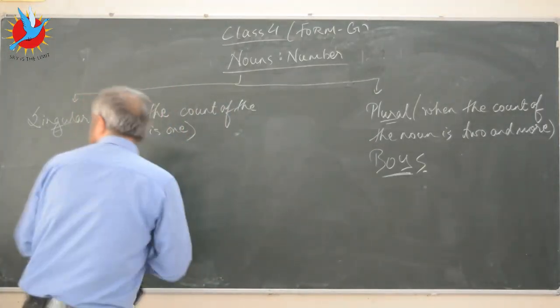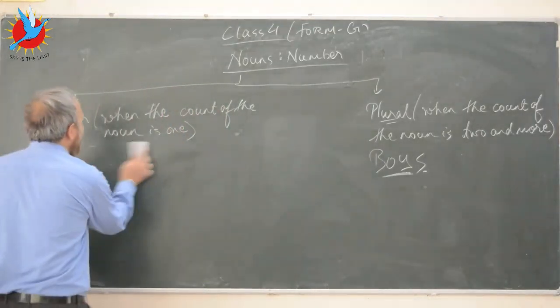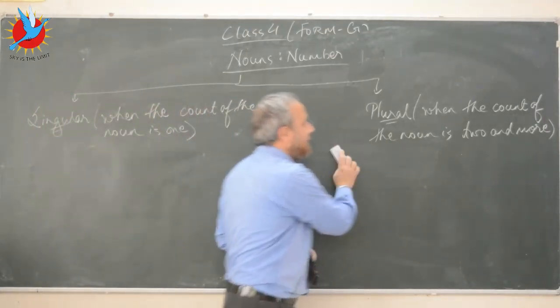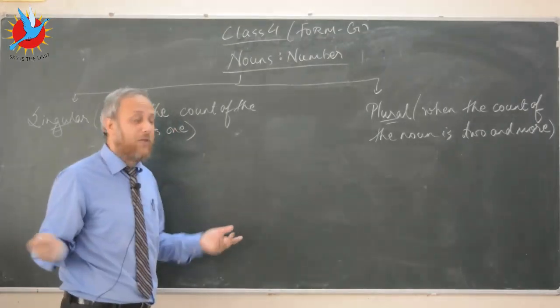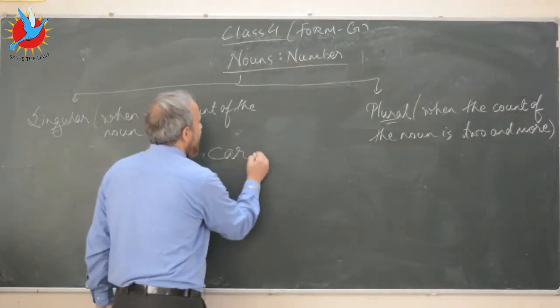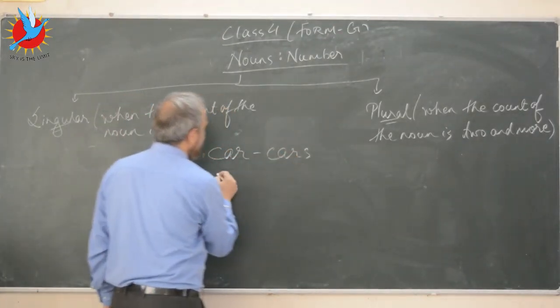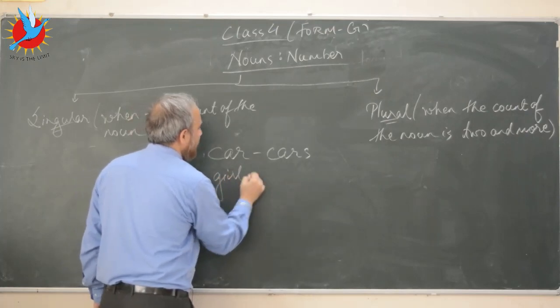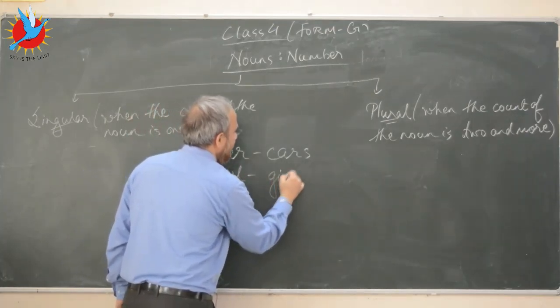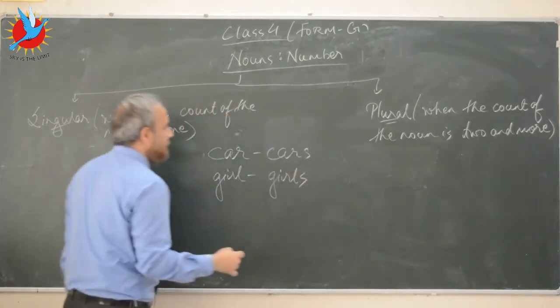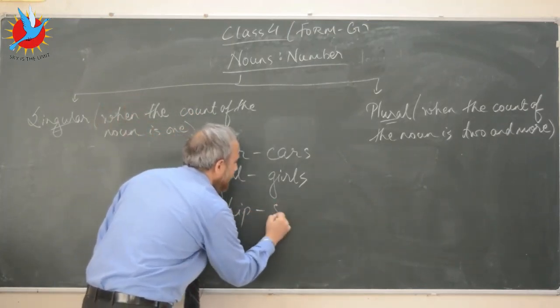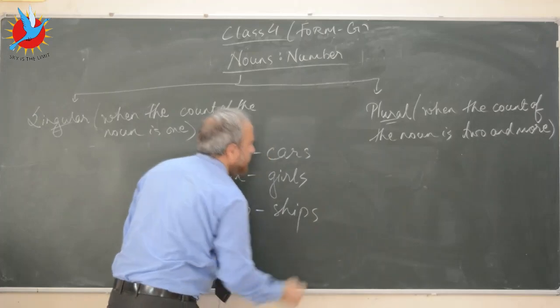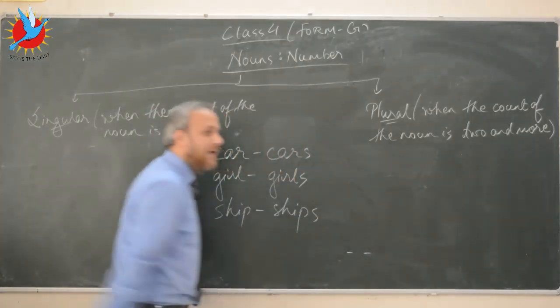The first way is simply by adding S. Let's see, I'll write examples for you on the board. You have car, cars, girl, girls, ship, ships, and there are a lot of other words.